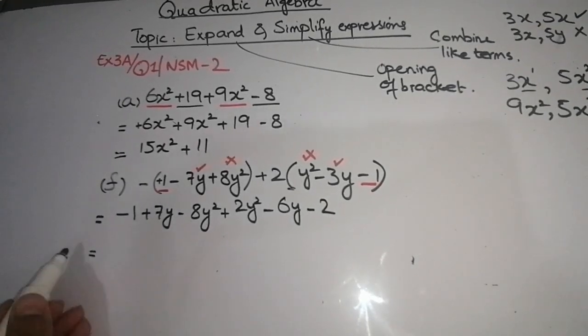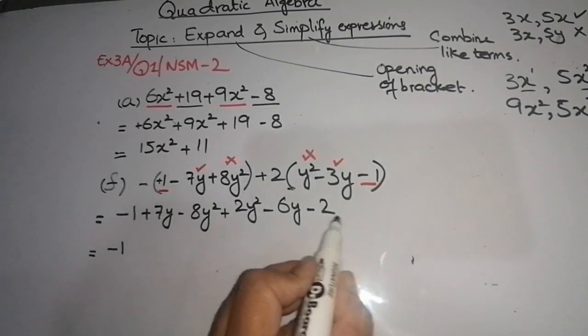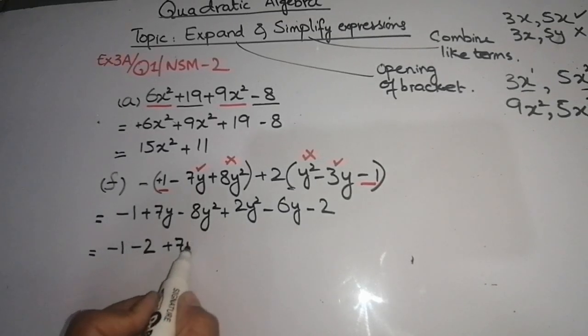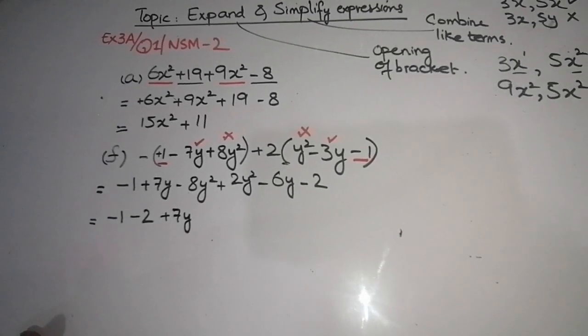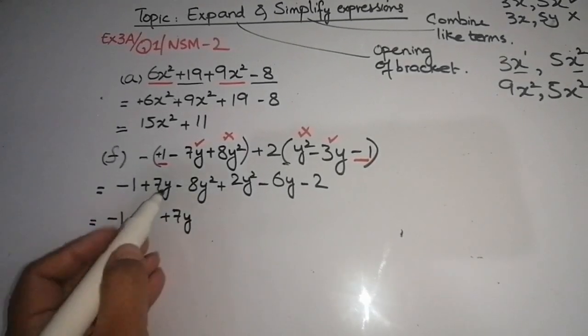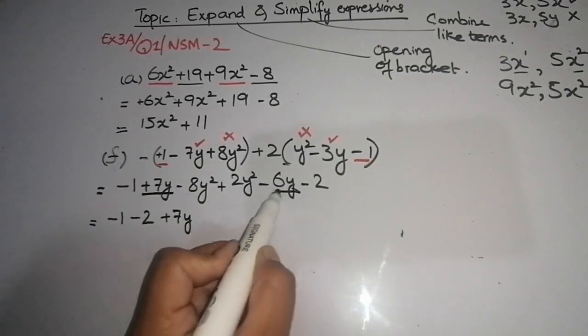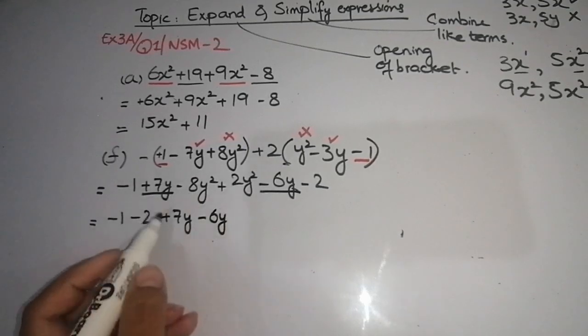Now I'm writing the like terms together. So minus 1, then there is minus 2 as well, minus 2, plus 7y. Please be careful while you are moving the terms, move the sign as well. This term has a plus sign, but this has a minus sign. So I will not only move the term, but I will also move the sign.